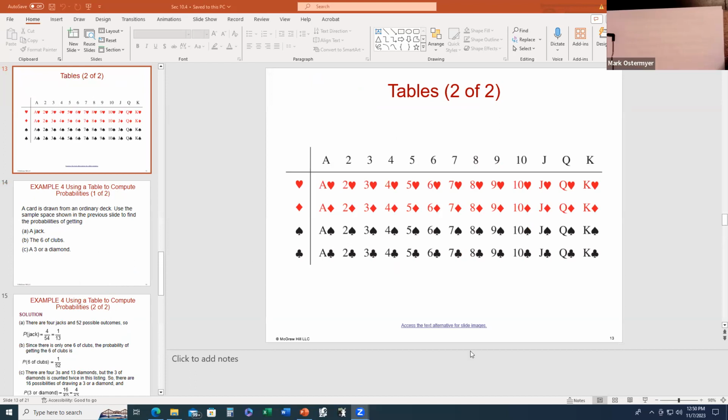Only once, correct? The 6 of clubs would be right here. So your probability would be rather minuscule. It would be 1 over 52.